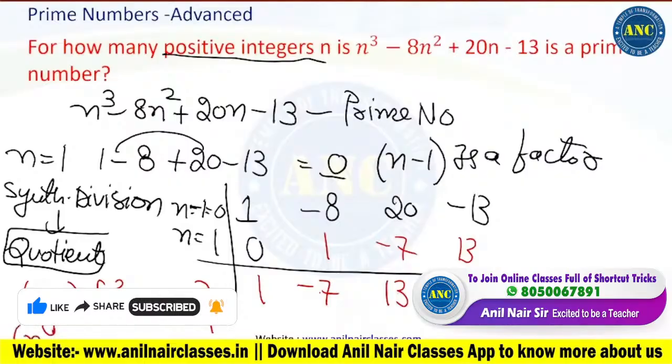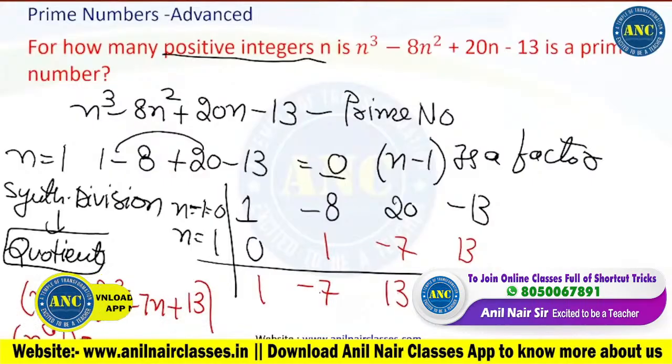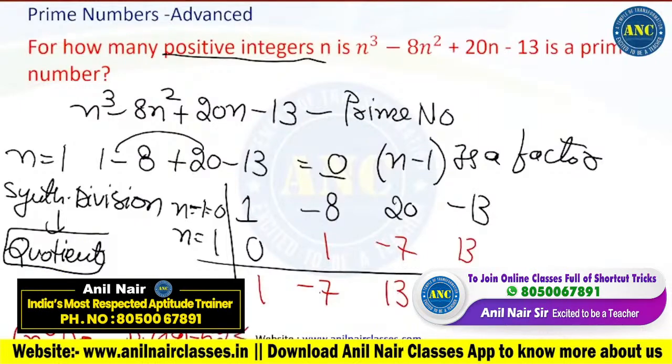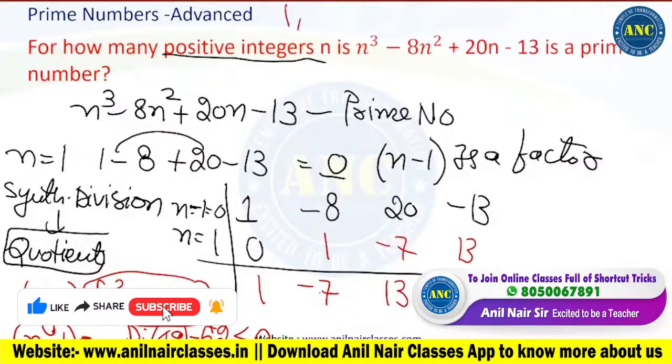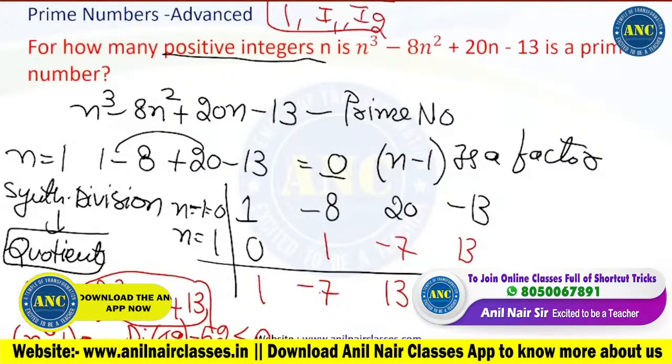This is n minus 1, a factor. The discriminant b square minus 4ac is minus 52, less than 0. That means the roots are imaginary. So I am getting 1, i1, i2.